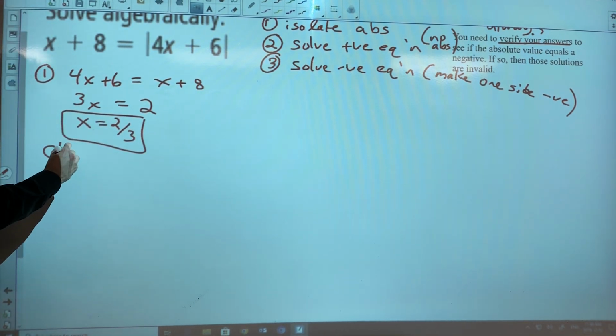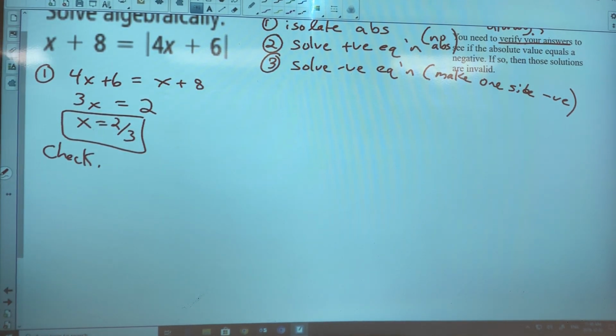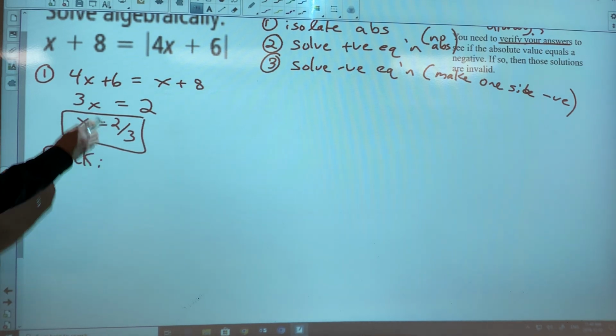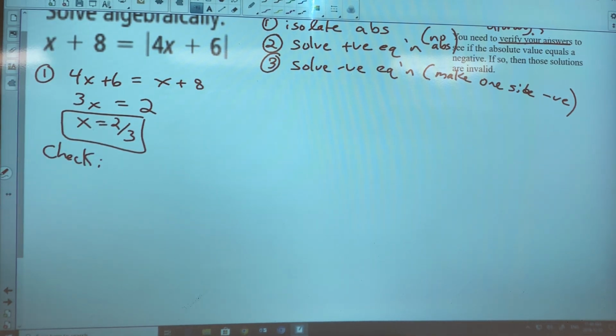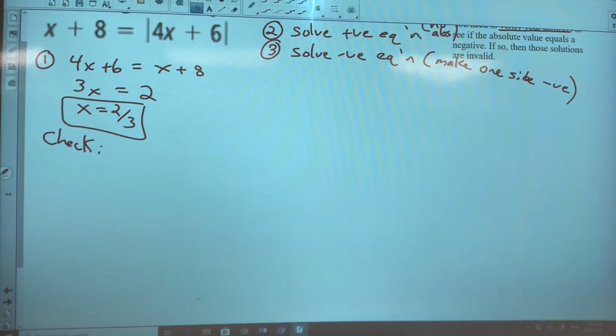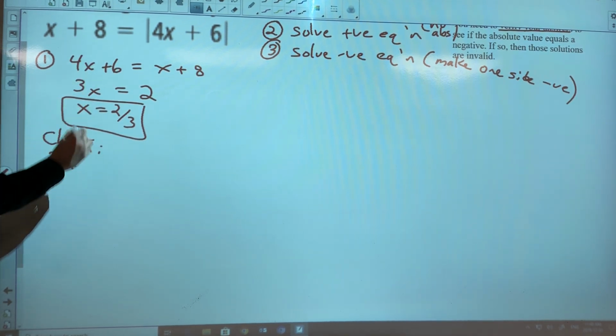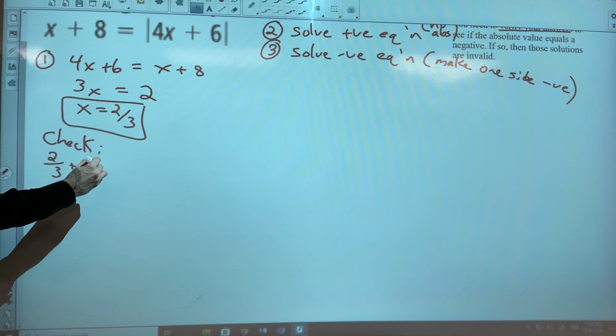And then we check, because you always have to check. So unfortunately, we're going to go back here and check it. If you have a calculator, it makes your life easier. Actually, can you guys check really quick on a calculator? So if I go 2/3 plus, this would be what, 24 over 3?